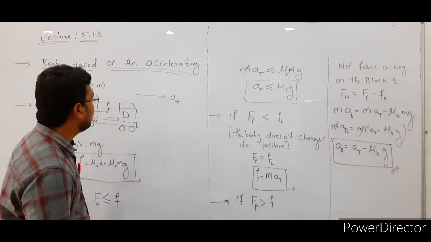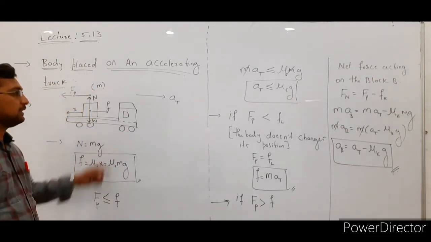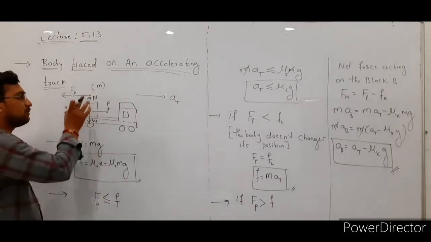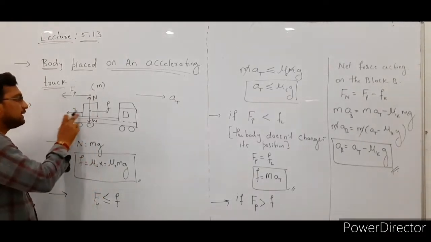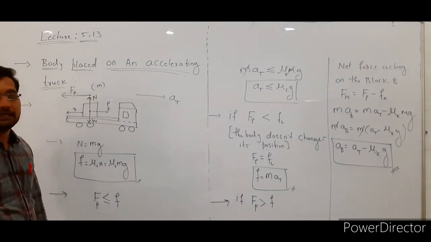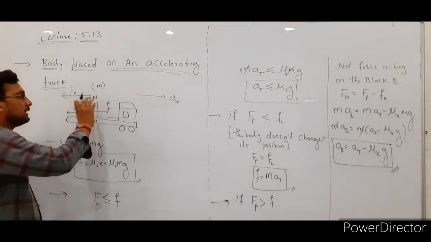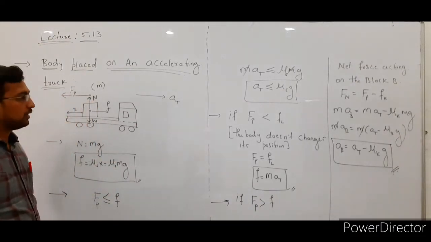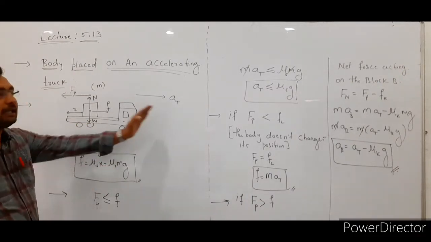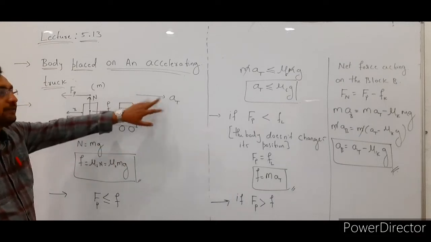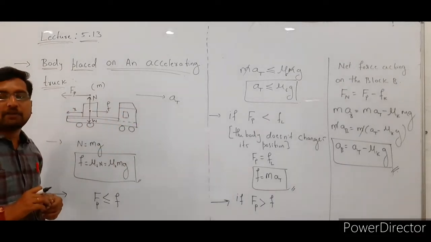See here, the first one we are considering: this is a truck, and a block of mass m is placed at the rear side of the truck at a distance x from the open end. This truck starts from rest and accelerates in this direction. Here A suffix t indicates the acceleration of the truck.